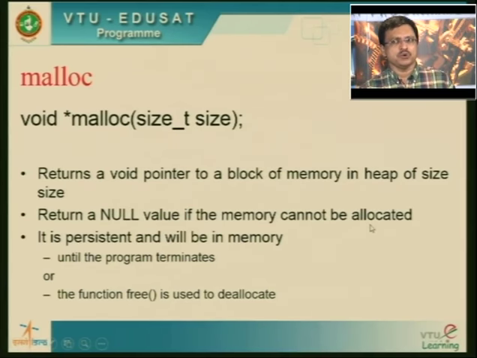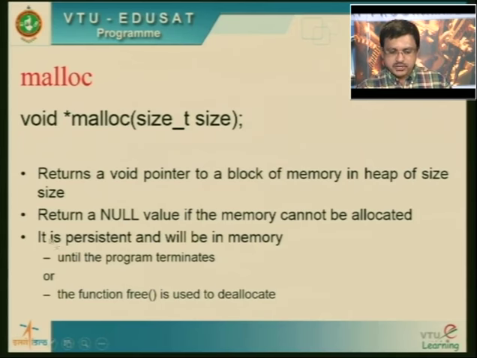If there are too many processes running, or if the program has consumed enough heap memory and the operating system cannot give you any more memory, what you get from malloc is a null pointer. So before we actually use the space allocated by malloc, it is better to check what it returned. If it returned null, that means the memory is not given to you.